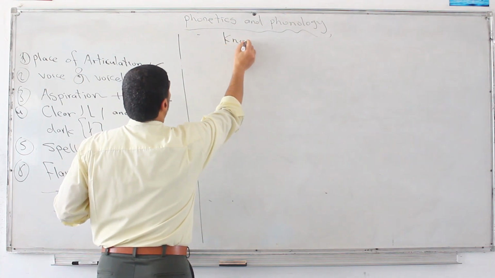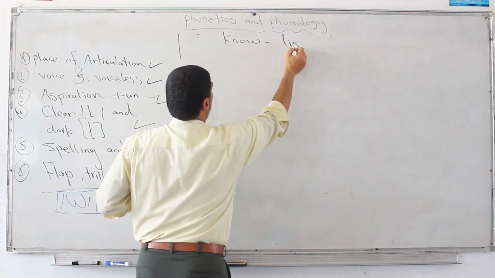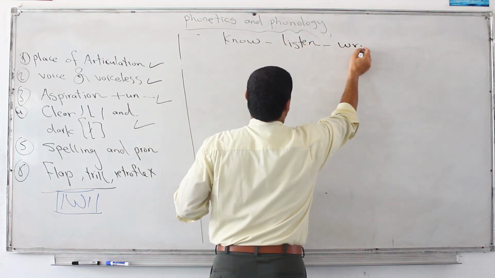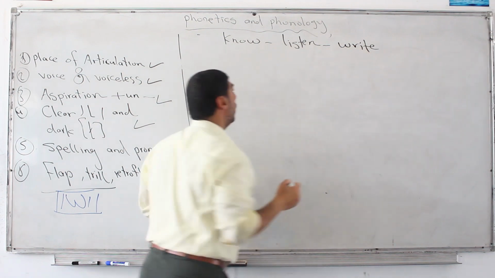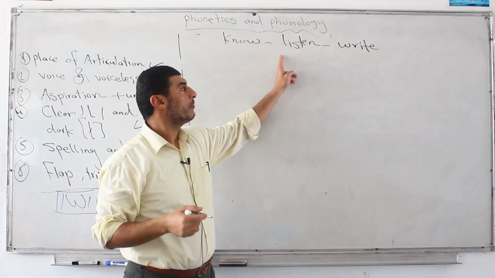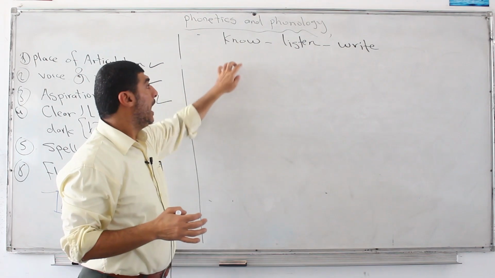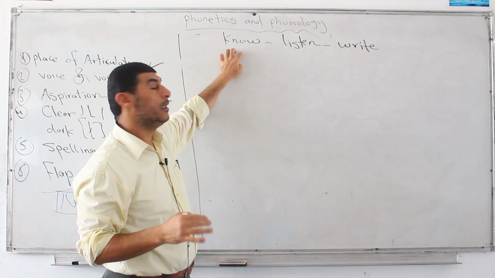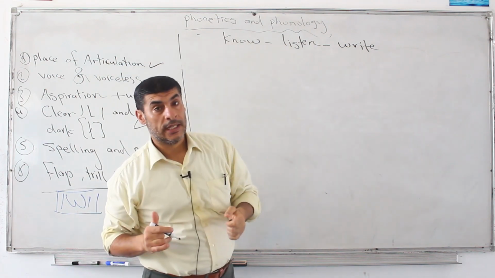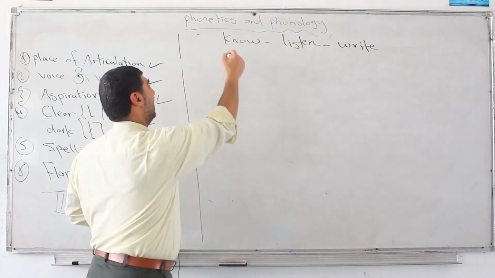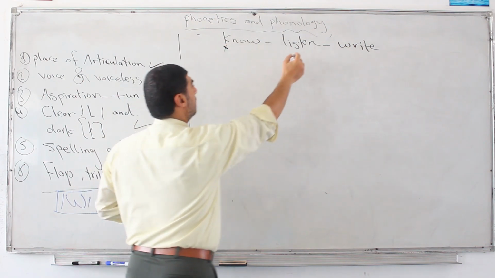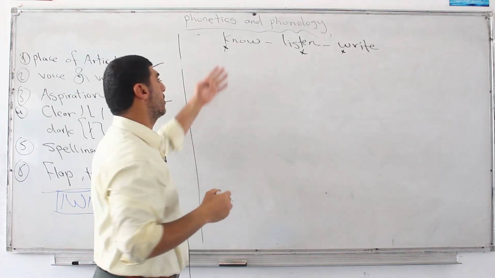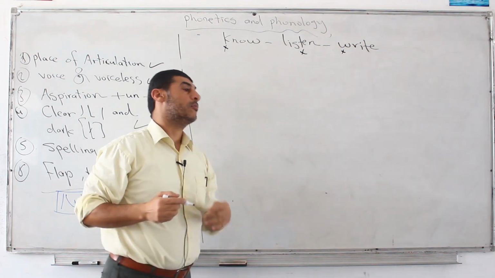If we write the word no, listen, and write. Right, okay. No, listen, write. I think all the students are acquainted with this. Even baby Yamin knows these phonological facts, that the na is silent, the ta is silent, and the wa is silent. Because this is no, listen, and write.